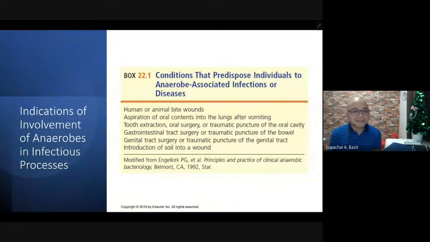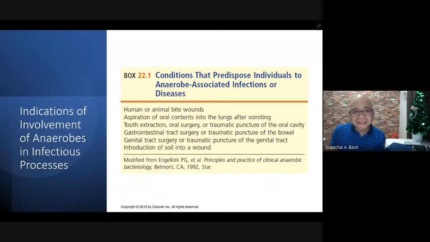Okay, so these are the conditions that predispose animals or humans to get anaerobic infection. First, if we have been bitten by humans or animals. Imagine, a human bite can also be harmful. Second, aspiration of oral contents into the lungs after vomiting, because there are some anaerobic bacteria in our oral cavity. Number three, tooth extraction, oral surgery, or traumatic puncture of the oral cavity, because this will liberate anaerobic bacteria.